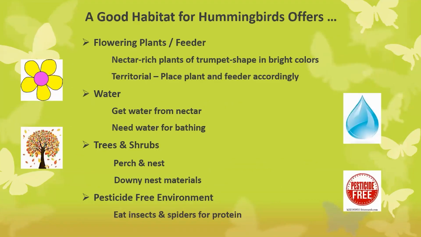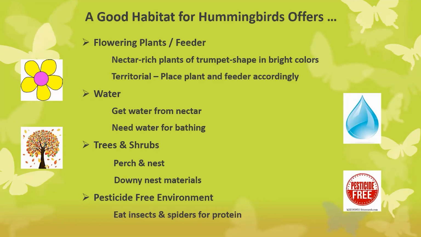So put it all together, a good habitat for hummingbirds will have flowering plants supplemented with feeders, and keep in mind the territoriality of these birds. So place the plants and feeders accordingly to serve more of them. They don't need to drink water because they get it from the nectar, but they do use water for bathing.